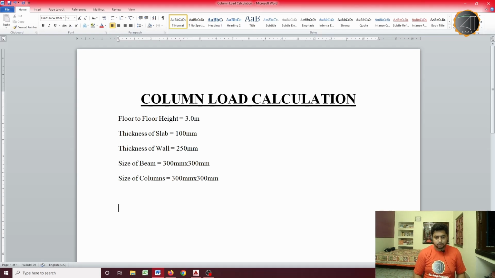Next, what we have to do is find the influence area. Now, how to calculate the influence area?